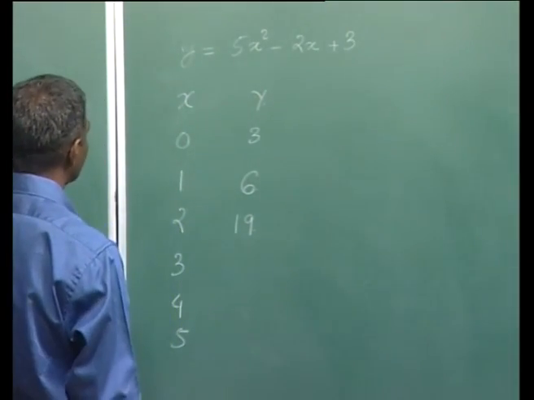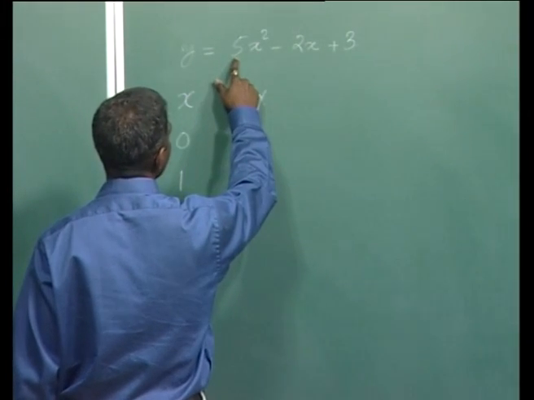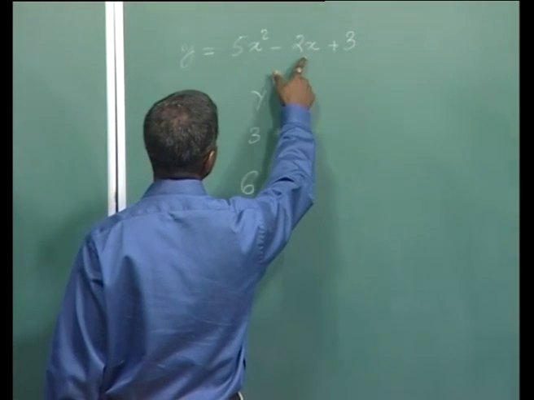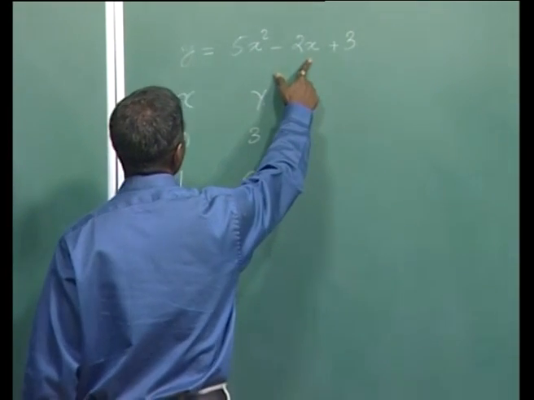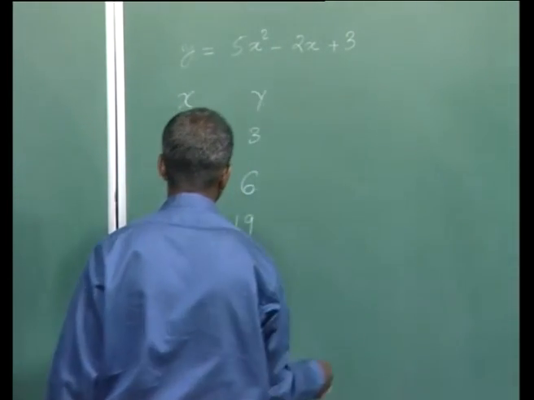For x equals 3, this is 9 times 5, 45, minus 6, which makes it 39, plus 3, 42.